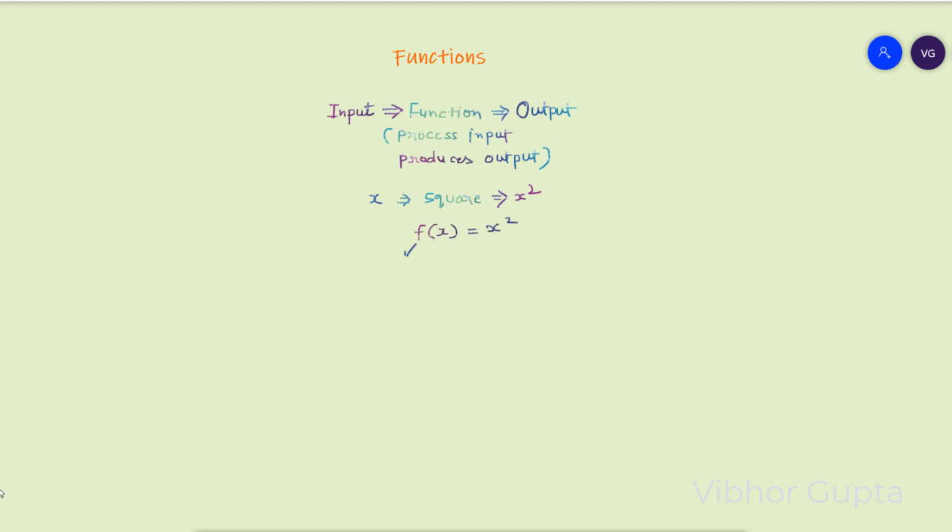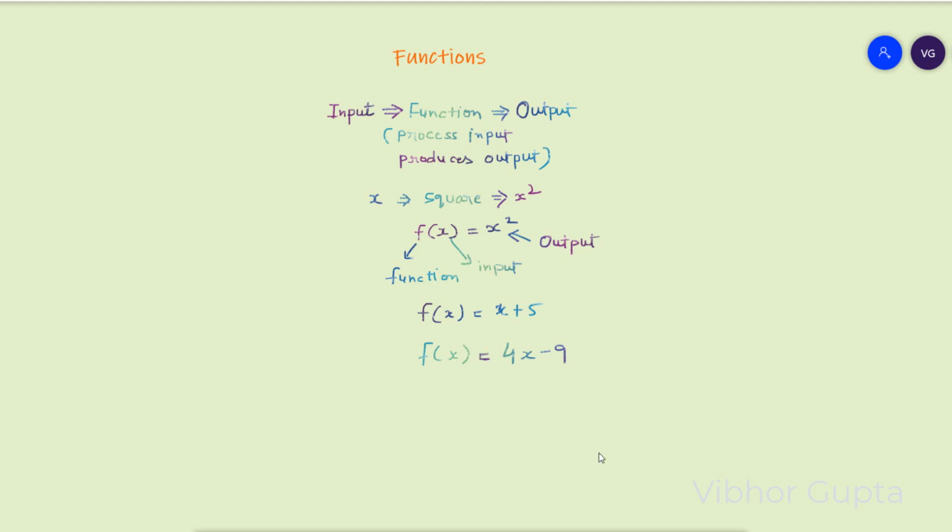Here f means function, x is nothing but the input, and what you see on the right-hand side is the output, right? Now a function can take any form and shape as long as it processes the input. So it can be f of x equals x plus 5, or f of x equals 4x minus 9, and whatever it would be, right?